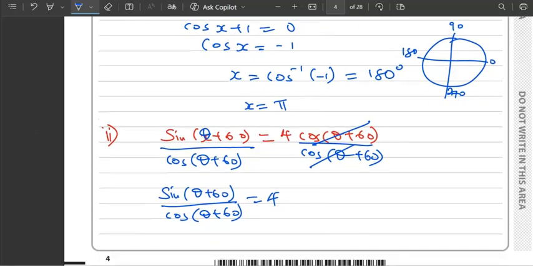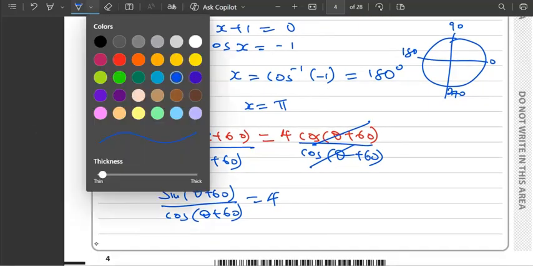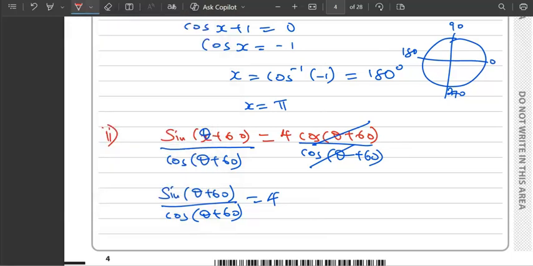But I want you to recall that tan of theta is just the same as sine theta over cos theta.